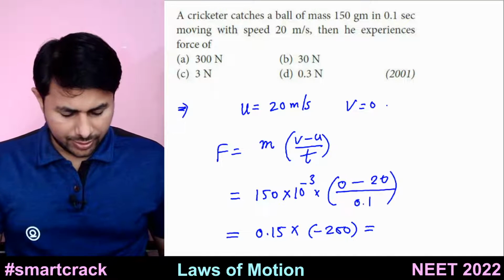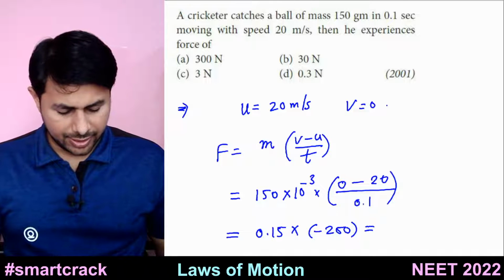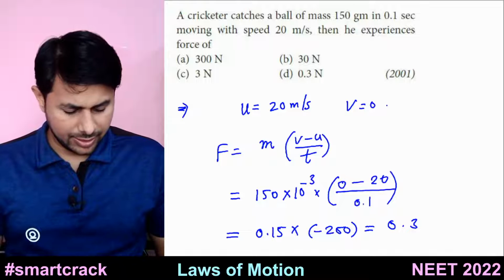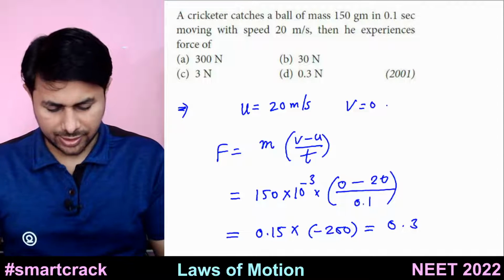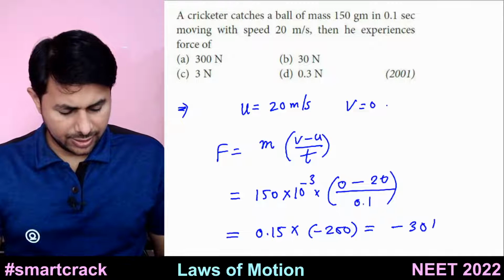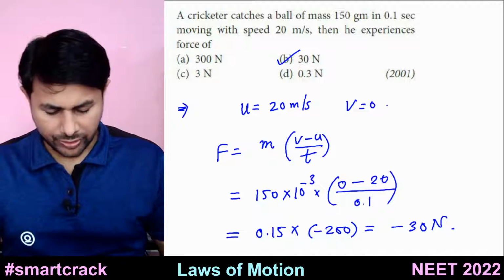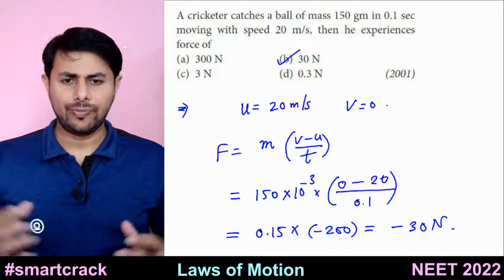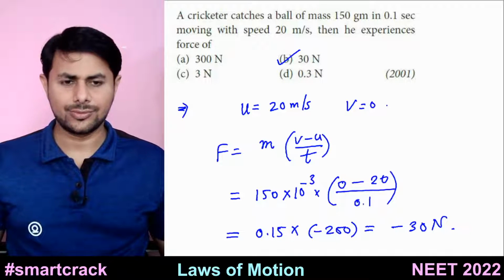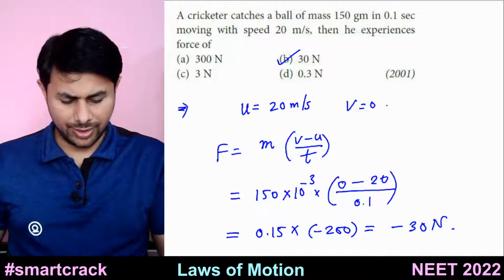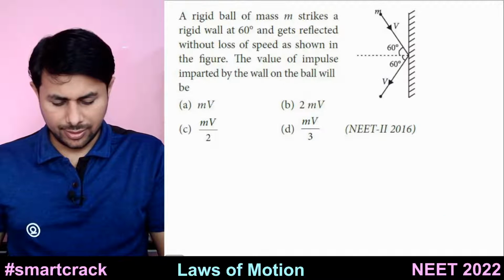So 200 times this, it will be 0.3 times 100. So I guess it is 30. So minus 30 newtons, but we only need the magnitude, so it is 30 newtons. Yeah, it was simple. Okay, let's move on to another problem.